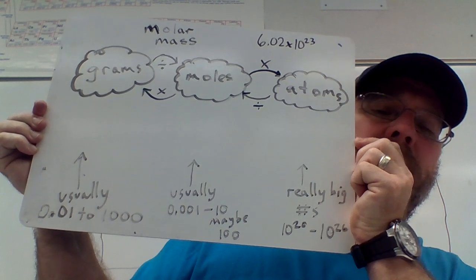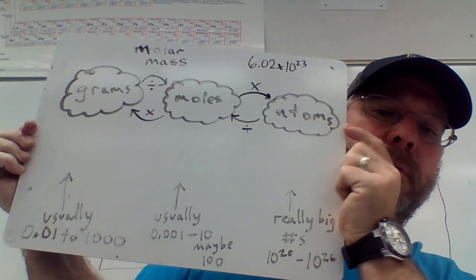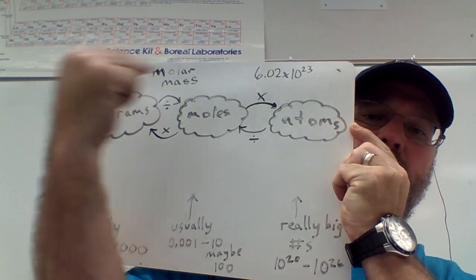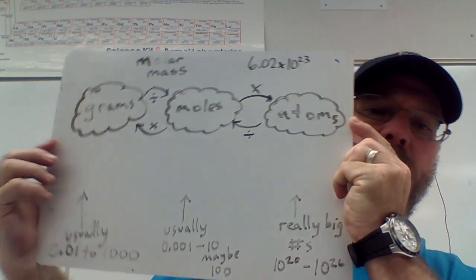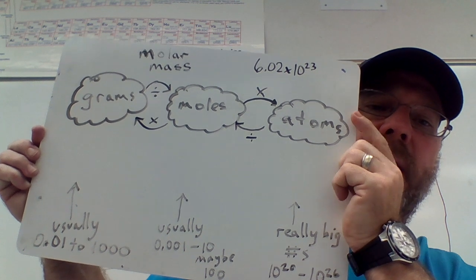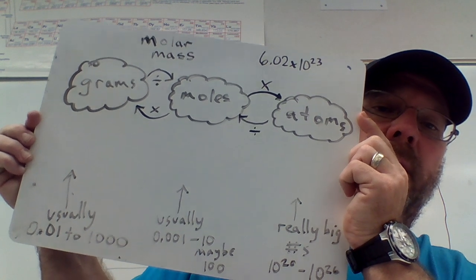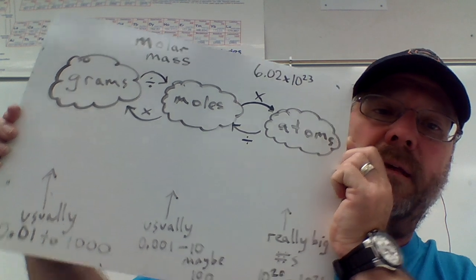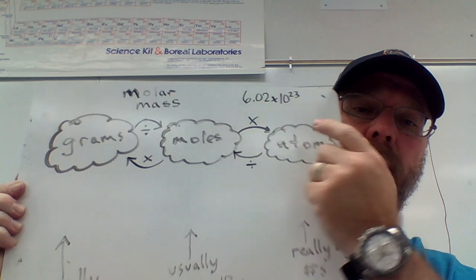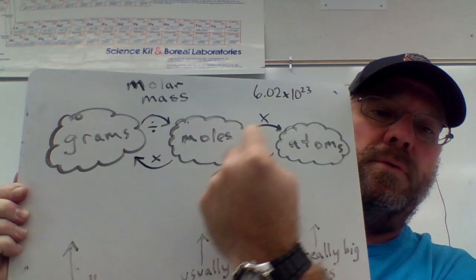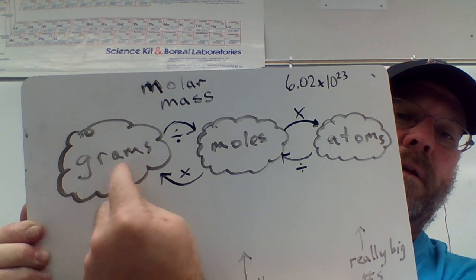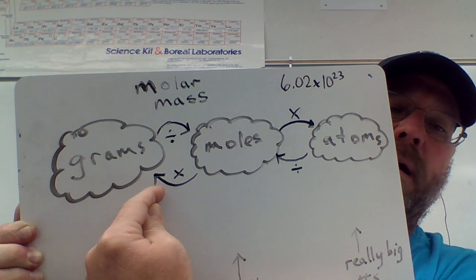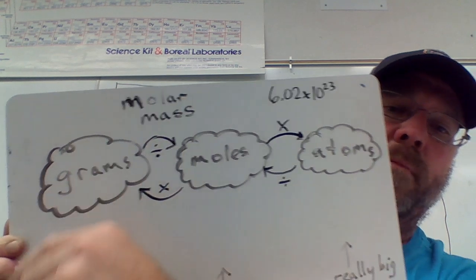When we're trying to go from grams to moles to atoms, or atoms to moles, the idea is that we're either going to multiply or divide by two simple numbers. To go from moles to grams, take a look at the arrow. It's multiply. What do I multiply by? I multiply by the molar mass.